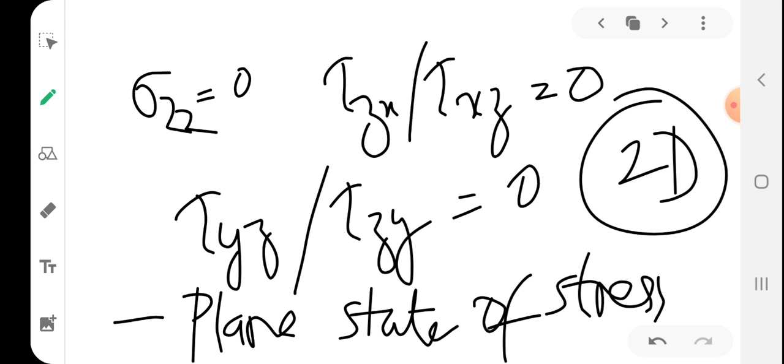Previously we have considered three-dimensional stress. This two-dimensional stress is a special case of three-dimensional stress where all these three values become zero. All the terms with z in the subscript will be zero.